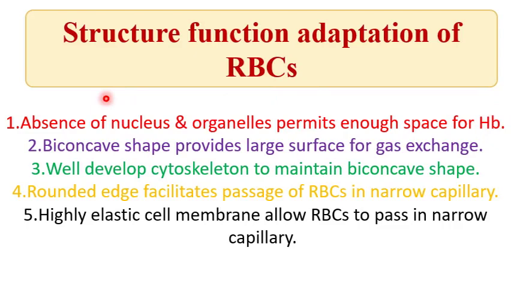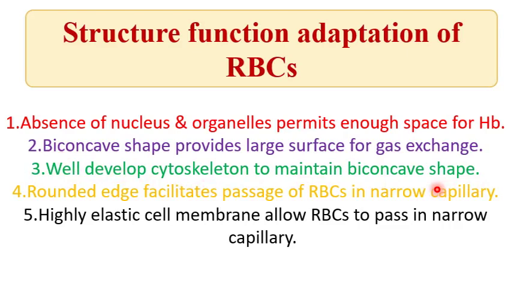Second one, the biconcave shape of RBCs provides a large surface for gas exchange. Okay. Third one, the well-developed cytoskeleton maintains the biconcave shape, as we said, by two proteins, spectrin and actin.